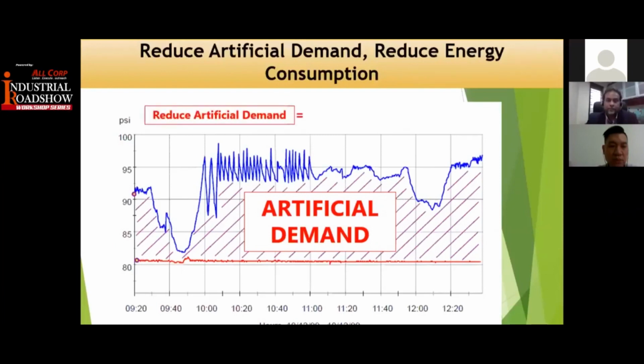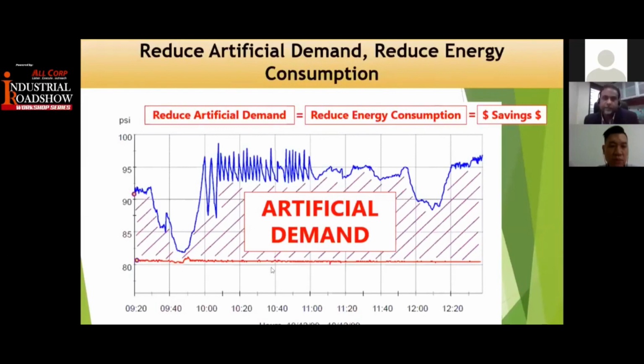So reduce artificial demand, reduce energy consumption, and save. If you see a line like this in your plant, you can get the right consultant to do a more detailed analysis and come up with a saving plan.